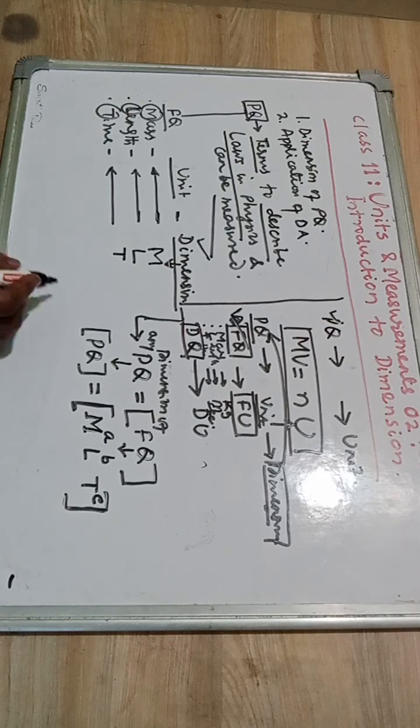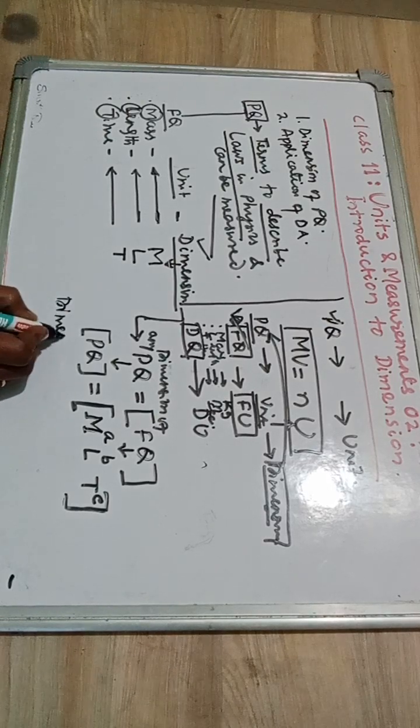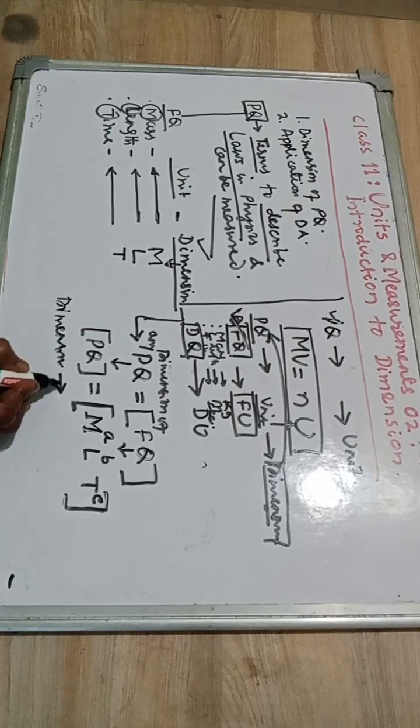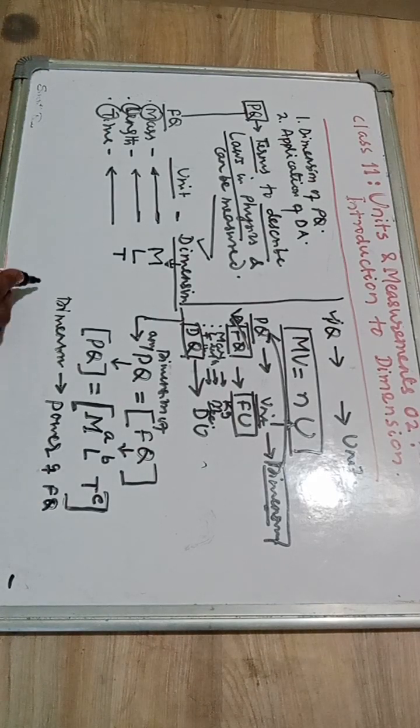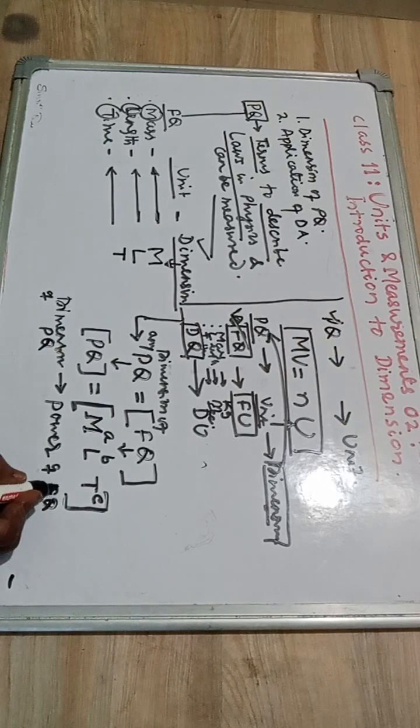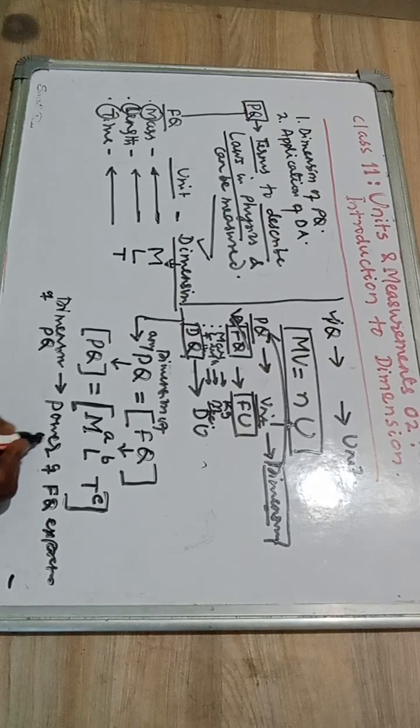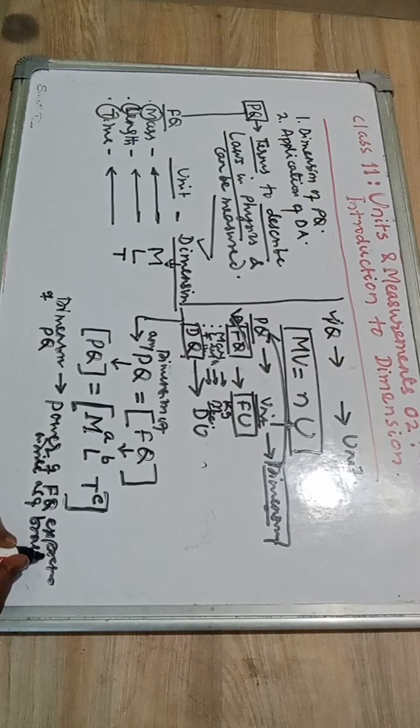That means dimension is nothing but the exponents or powers. The dimension of a physical quantity is the power of fundamental quantities expressed inside a square bracket.